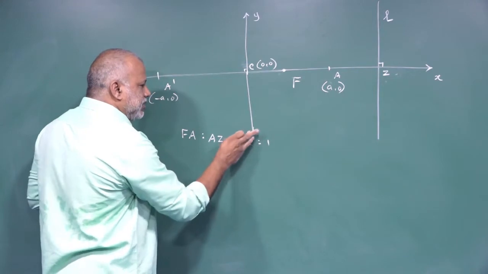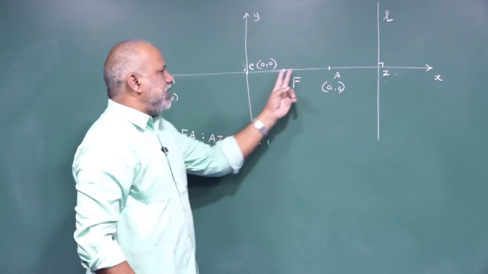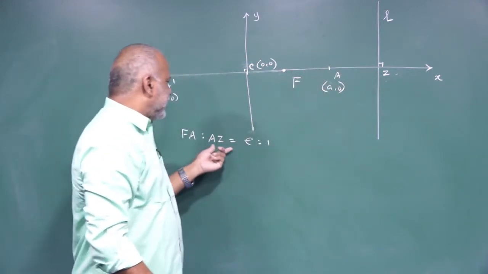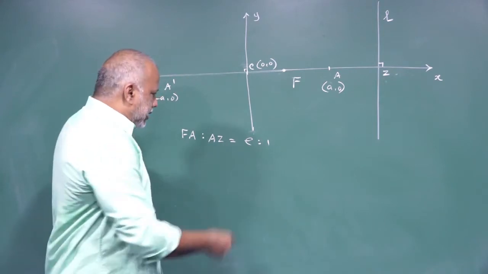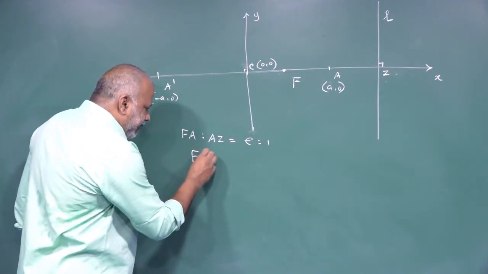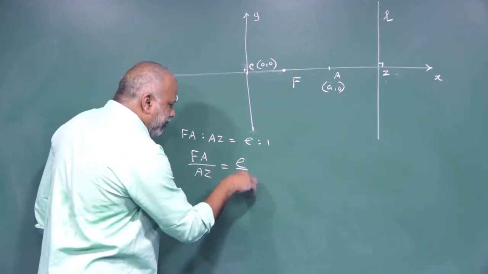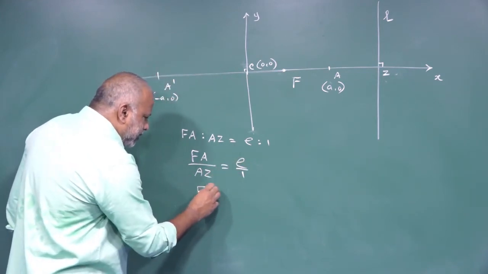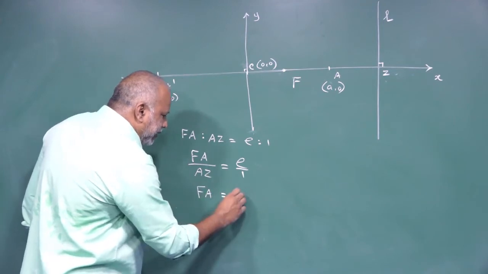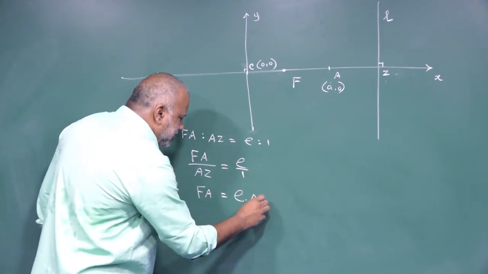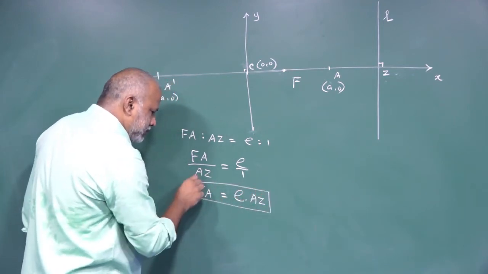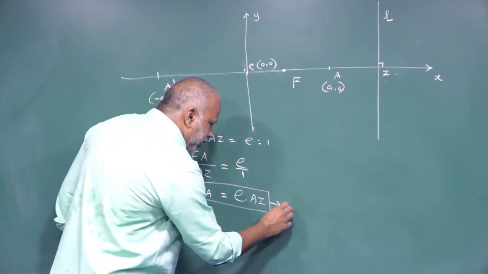This is the first logic. FA divided by AZ equals e by 1. Cross multiplying, I can write FA equals e times AZ. Say this is result number 1.